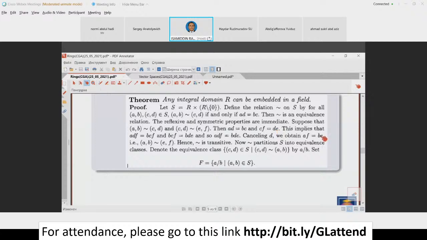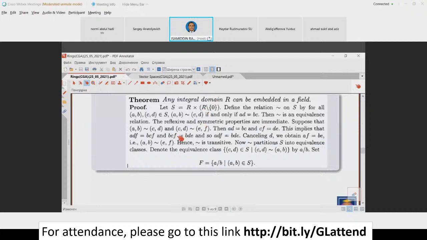Then just multiply this equality by F, and this equality you can multiply by B. They are non-zero.